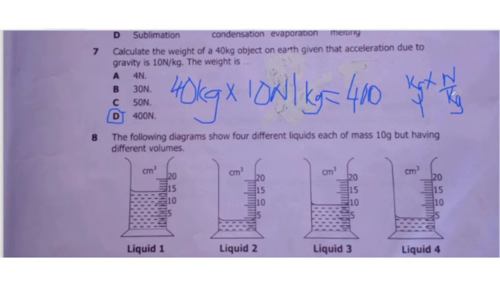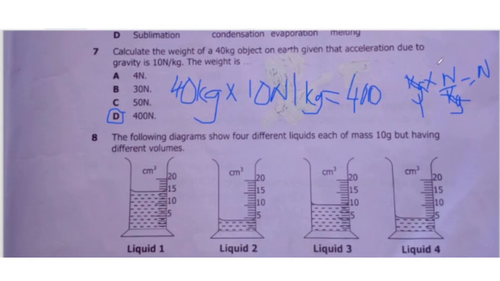So we divide, and we cancel this because they are the same. This into this is going to give us N. So that's how we have N as a unit remaining, because this and this have cancelled each other.